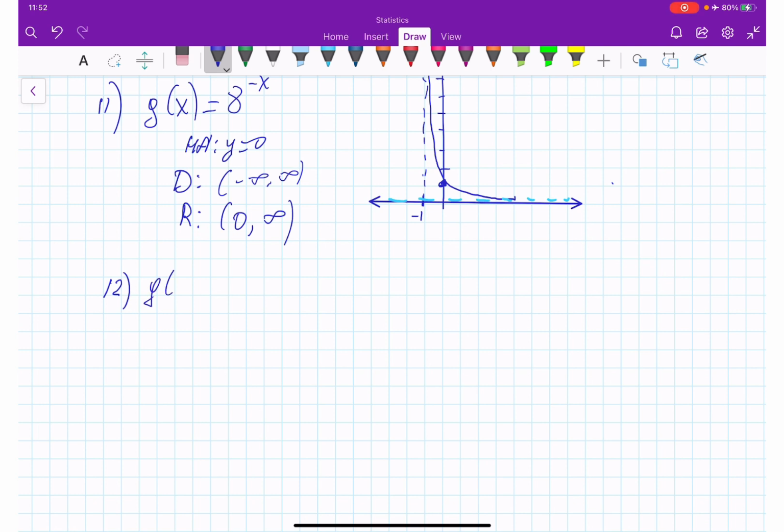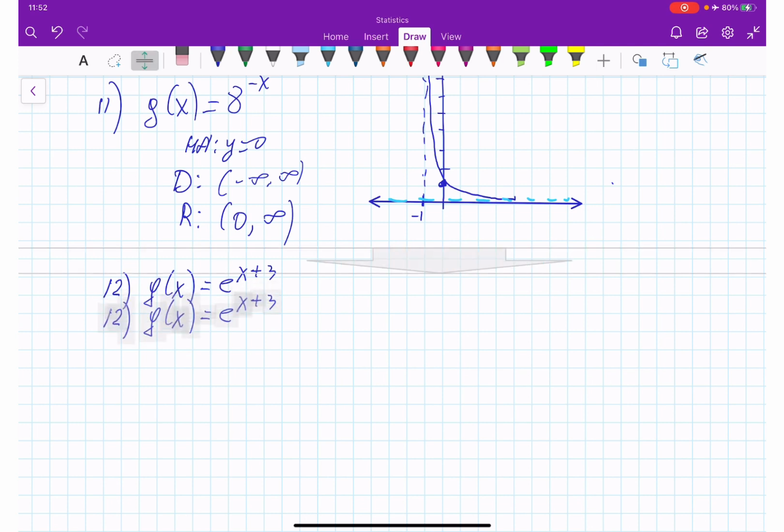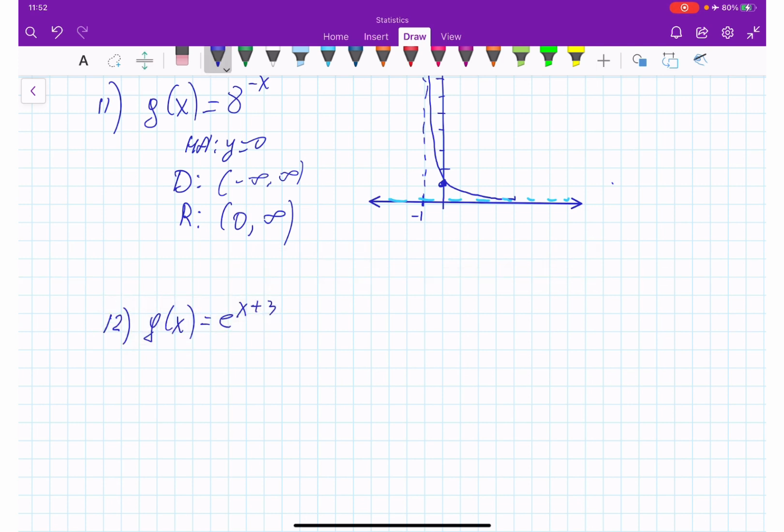g of x is equal to e to the power x plus 3. Let me drop this down. We will manipulate a little bit with x.